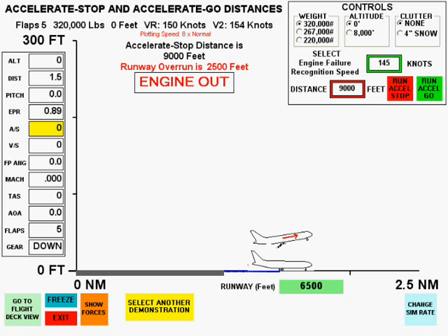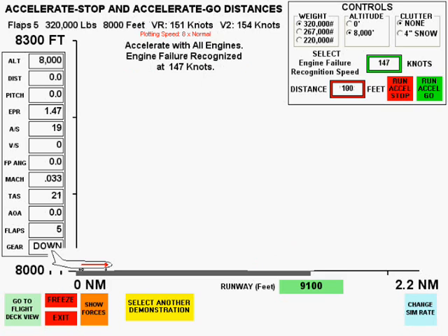At the lesser weight, a legal takeoff could be made on a 6,500 foot runway, but at this heavier weight, at least 9,100 feet is required. So, heavier weights require longer runways and higher values of V1. Let's increase the altitude to 8,000 feet, where V1 is 147 knots.